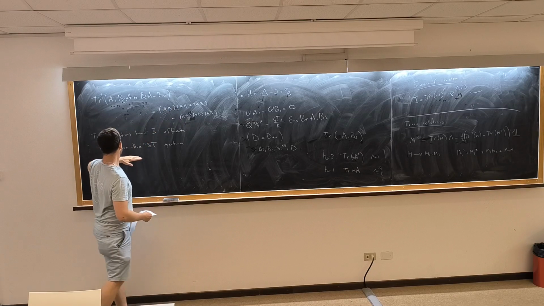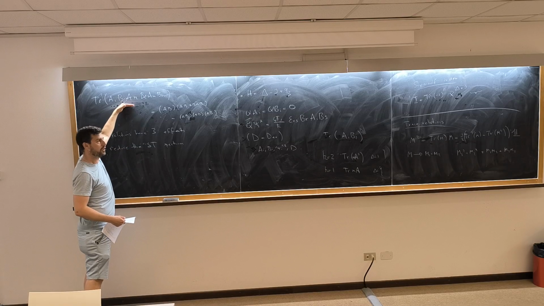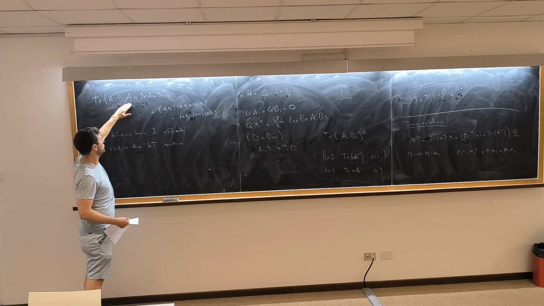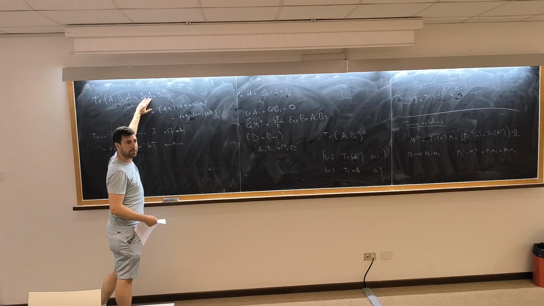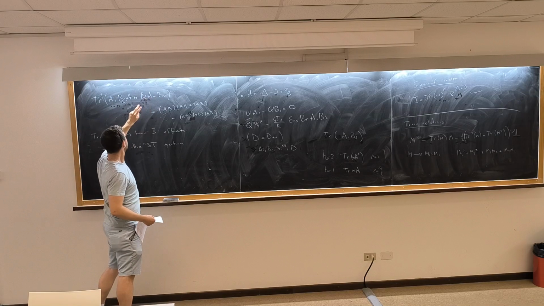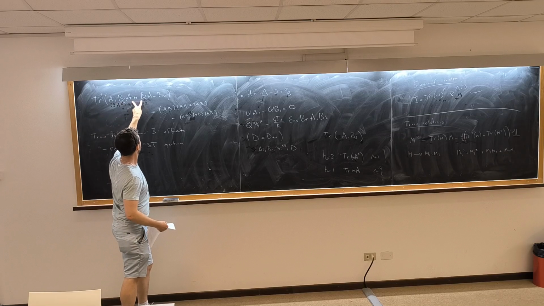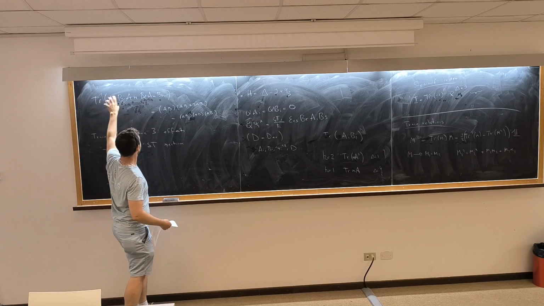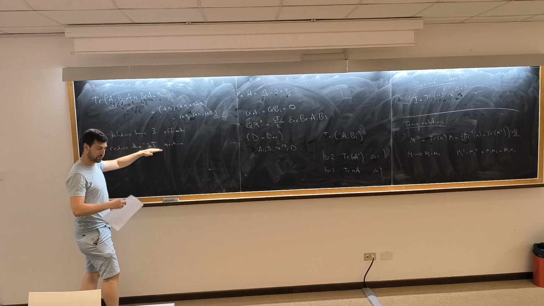So what this tells you is that the single trace spectrum gets truncated at small N, and in particular at N equals 2, you can never write something with more than 3 matrices. Every time you reach 3, this combination is a 2 by 2 matrix, this is a 2 by 2 matrix, this is a 2 by 2 matrix. You have 3 of them. Every time you have 3, you reduce. And so this reduces the single trace spectrum.